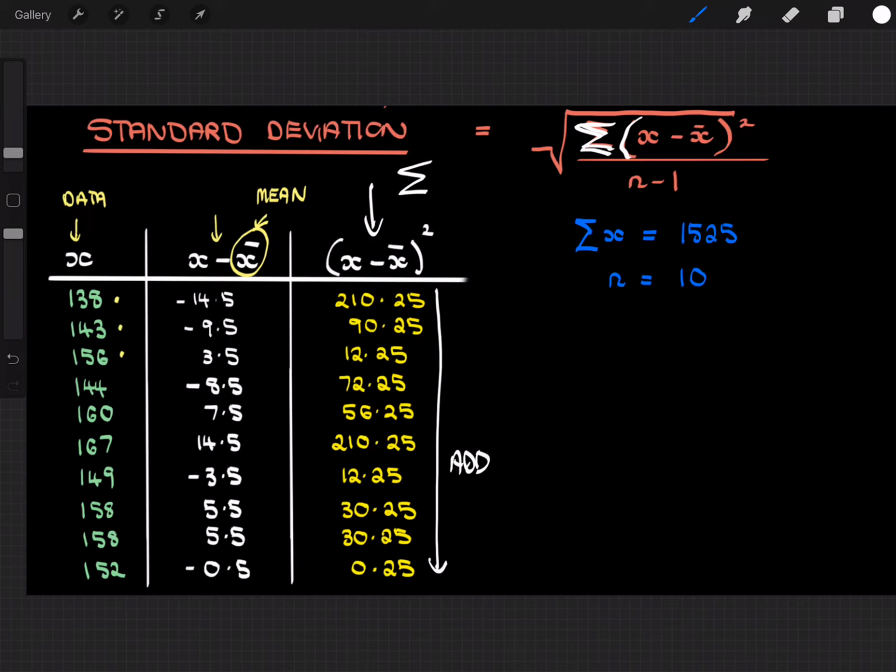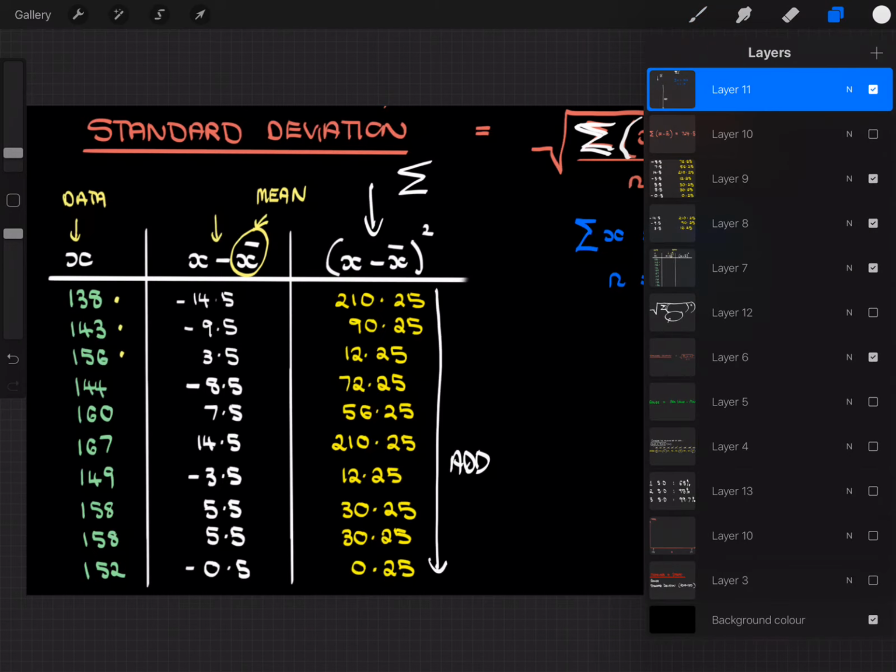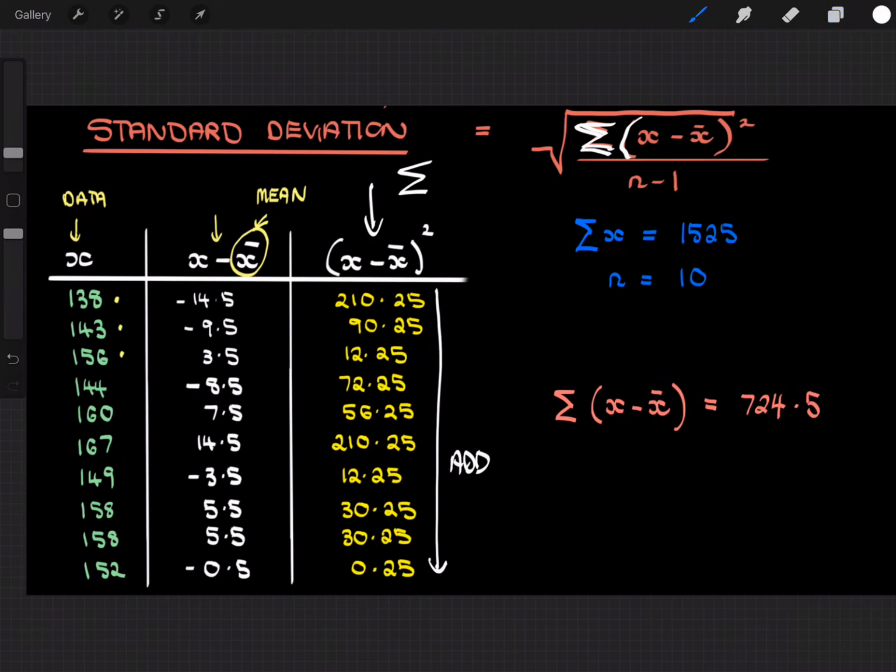And if I add that up, what I get is the sum of x minus x dash squared equals 724.5. So that number there is what goes in the top part of our numerator.